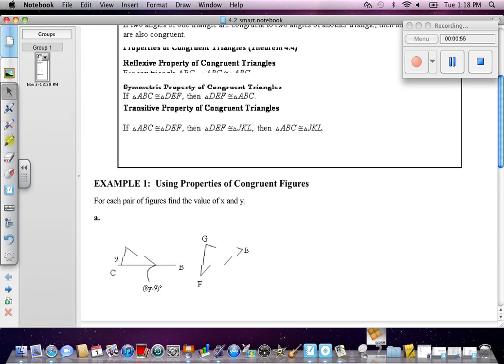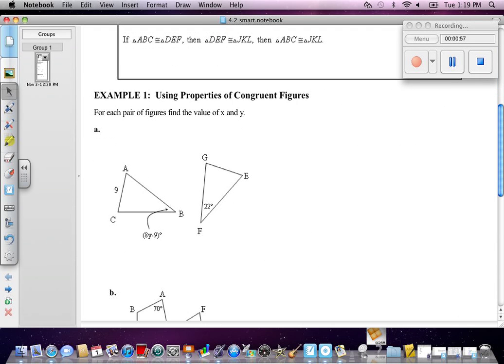All right, so we see this lovely picture right here. Do we agree that this states that these triangles are congruent? So do we agree that AC is the same as GE? Okay, therefore angle B is the same as angle F, correct? So 8y minus 9 has to equal 22.